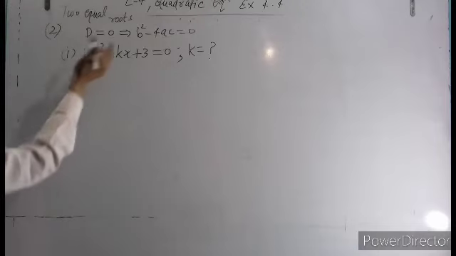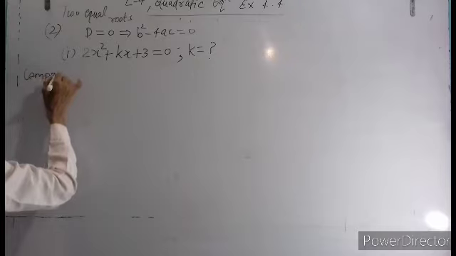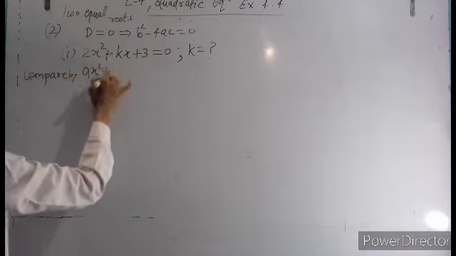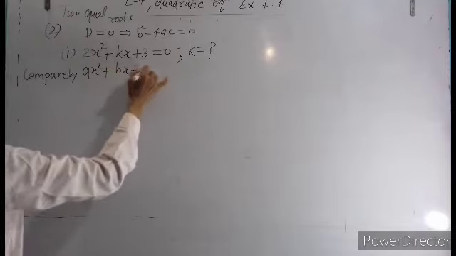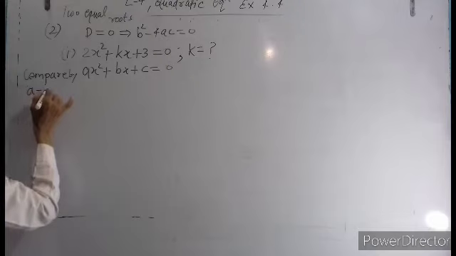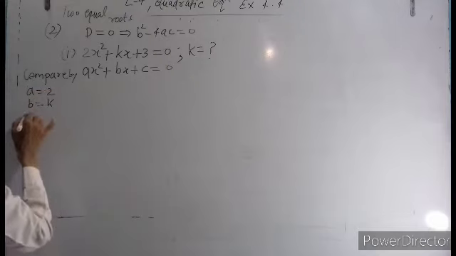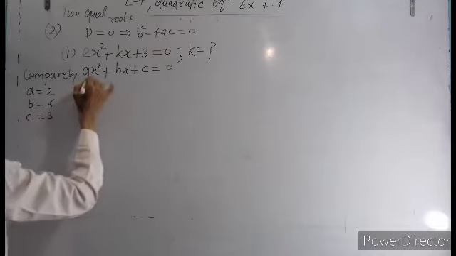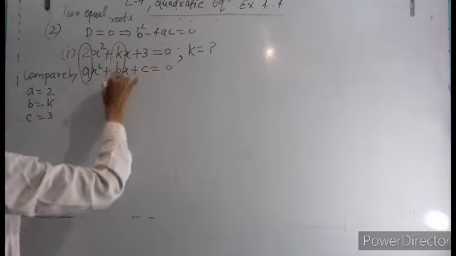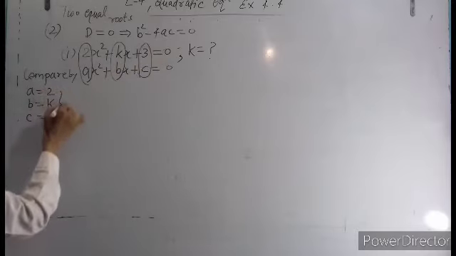So as you know that discriminant, by comparing with a x square plus bx plus c equal to 0, a equal to 2, b equal to k and c equal to 3. You can see a is the coefficient of x square, coefficient of x is b, and the constant term is c. So a, b, c.